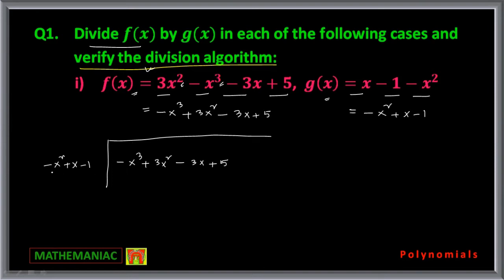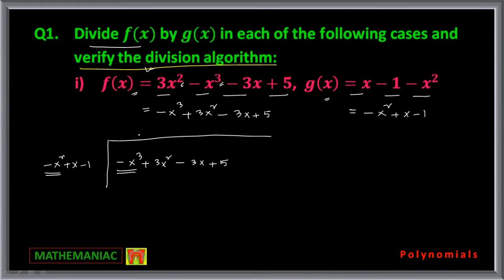To start the division, you look at the first term of the divisor, that is minus x squared, and the first term of the dividend, minus x cubed. Now you have to put here an expression which, multiplied with minus x squared, generates minus x cubed.